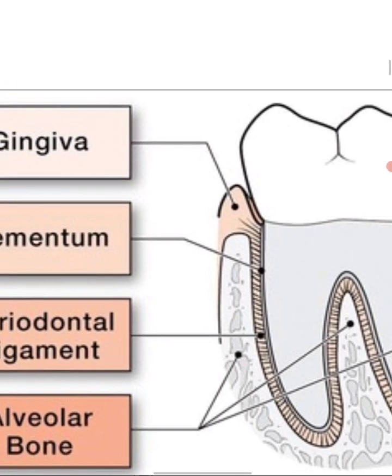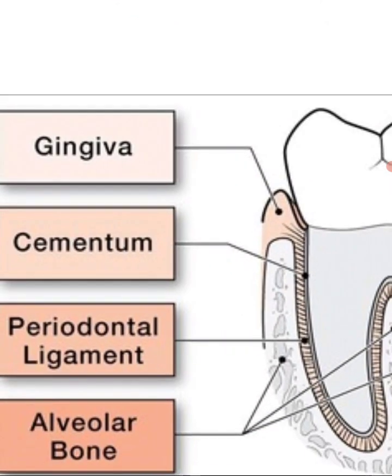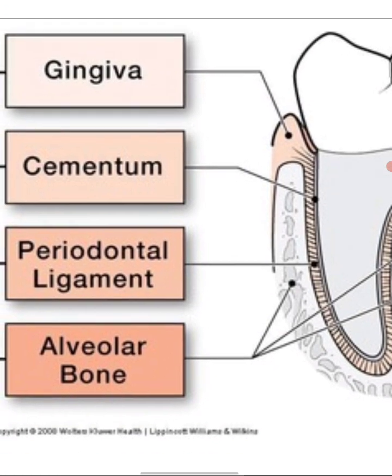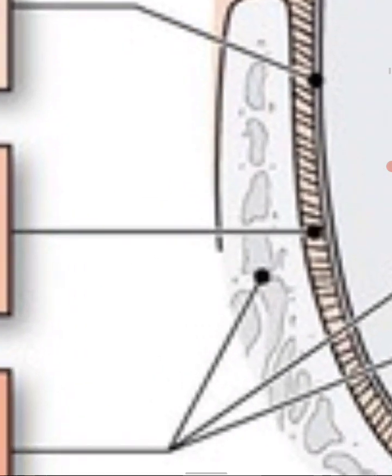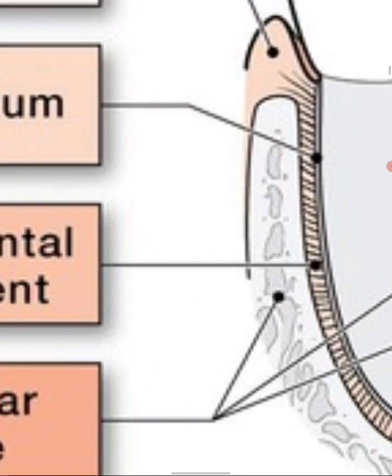This is the gingiva. تمام. This is the cementum, which covers the tooth root surface. Then we have bone, compact and cancellous bone, and between them is the periodontal ligament, اللي هي دي زي الاستريشن الموجودة دي. تمام.